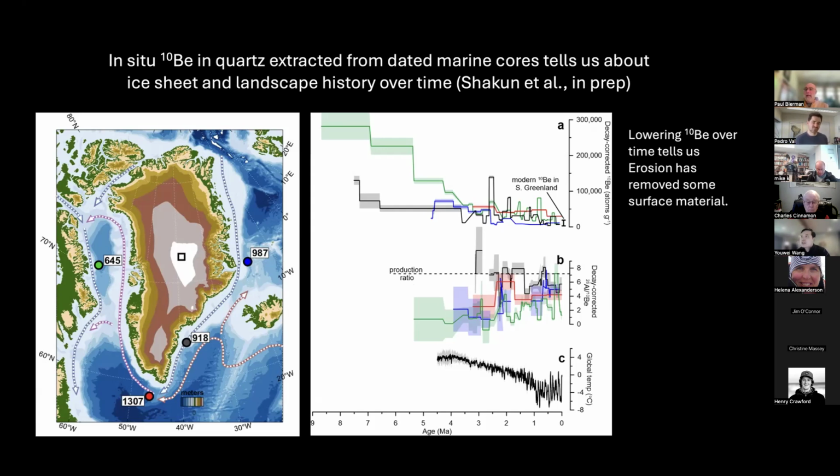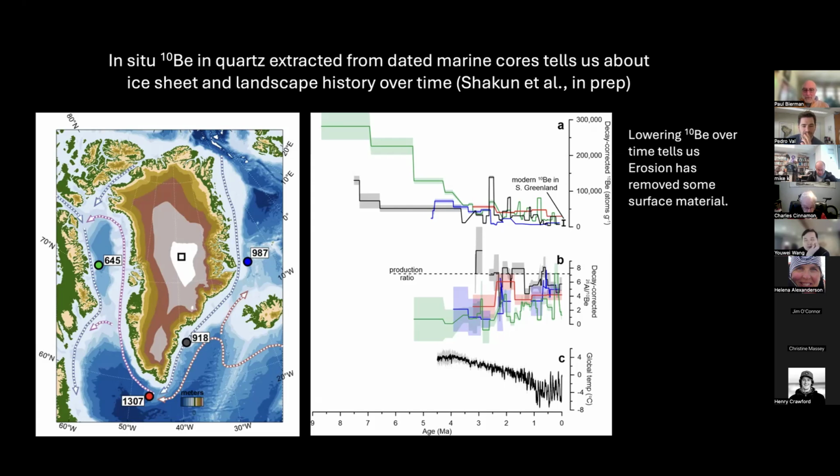And Jeremy's done the modeling on this: if you expose all of Greenland for a few tens of thousands of years, the concentrations are so low. The concentrations in these last couple million years are on the order of a few tens of thousands of atoms per gram. So it doesn't take long at the surface to build back and to bring that ratio way up.